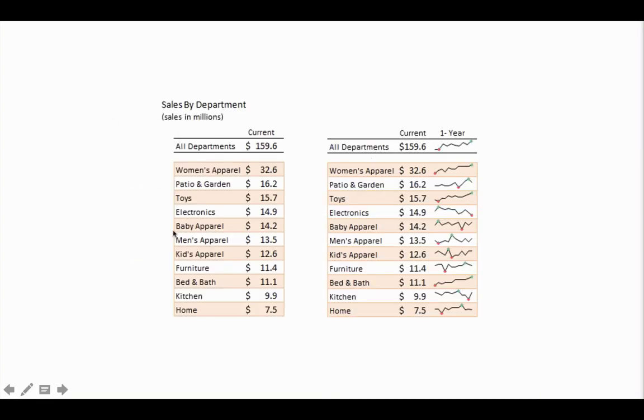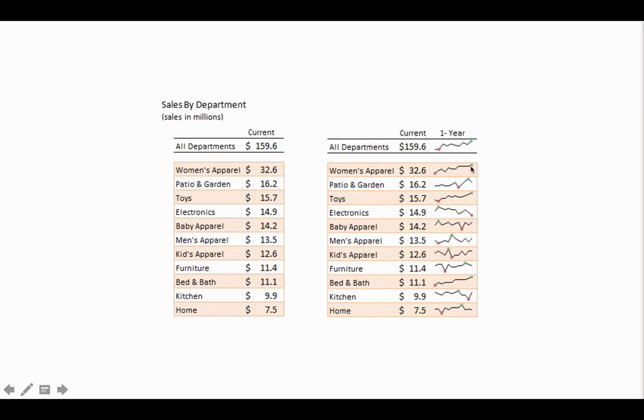So look at these two tables, right? On the left side, we see all departments and we see some numbers. And we see that women's apparel is really good, and patio and garden is second, and toys is third. And then electronics is 14.9. But look how much more information we get about how these numbers are good or bad. Electronics 14.9 is the lowest it's been.